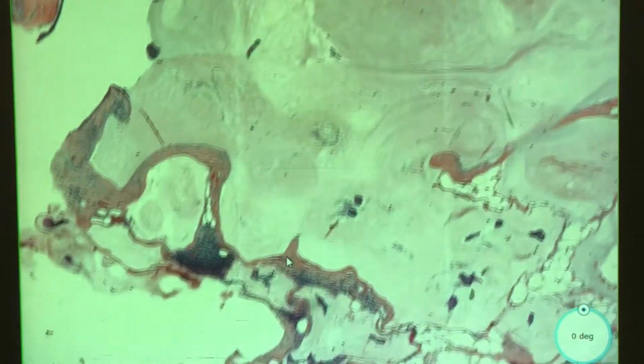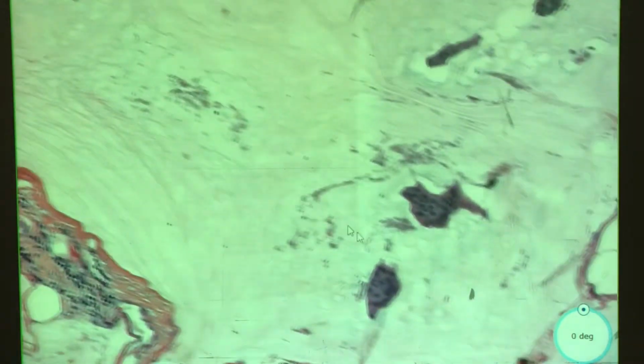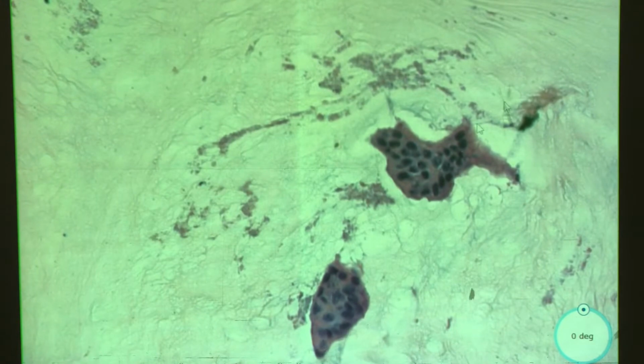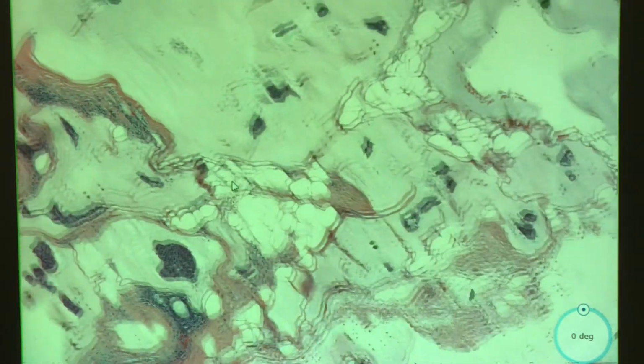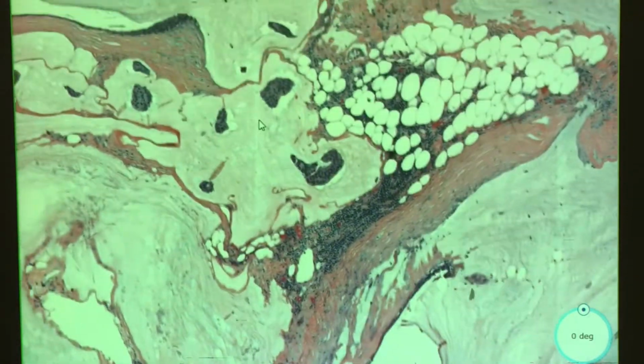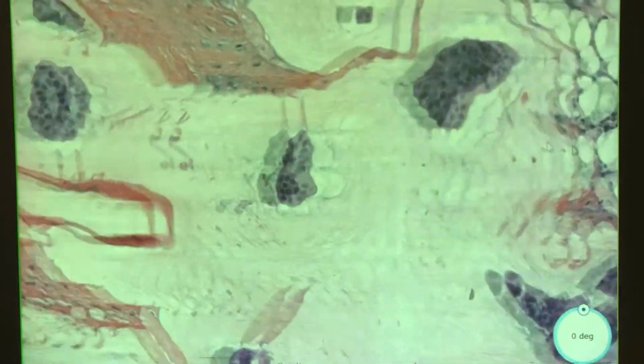Kind of weird, but that's okay. Let's just keep looking around. A little more atypia. More atypical, more atypical. Pretty sure there was an area that looked pretty crazy when I first looked at this.